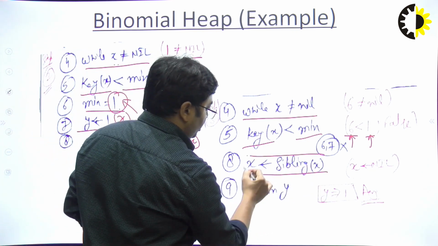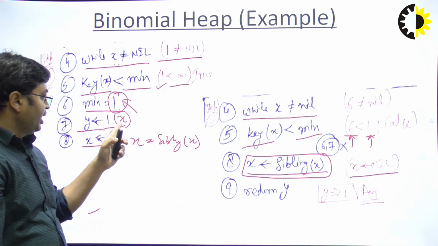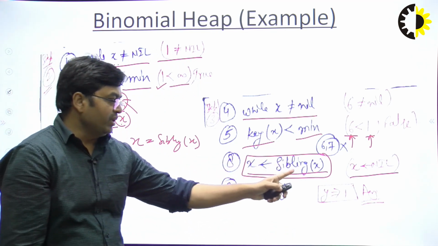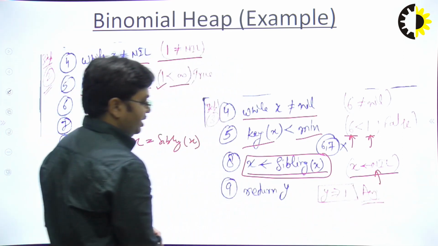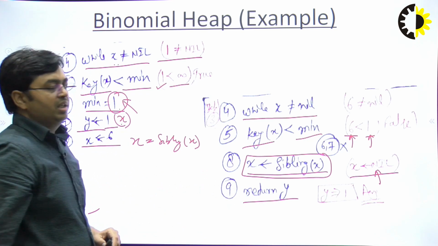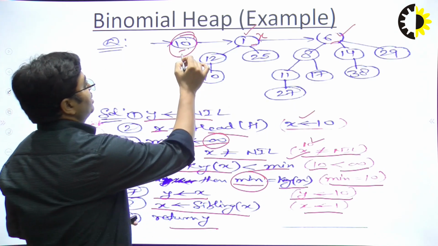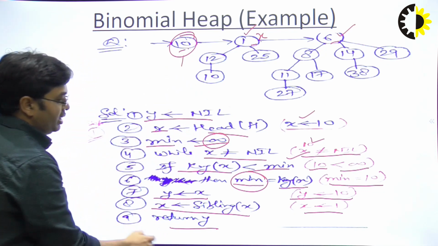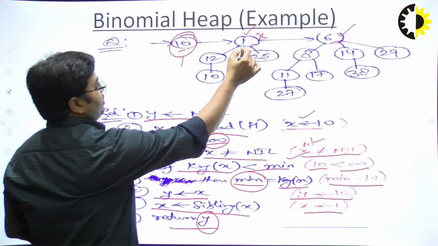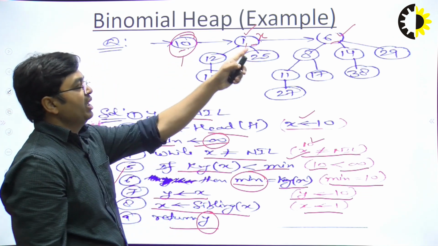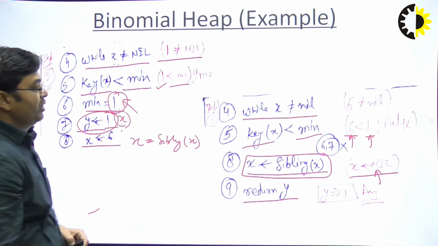So this is the next procedure where we have not put the value of x to y, we have put the sibling to x, means x is becoming nil and return y as the answer. Means we have compared 10 in this procedure, we got value y. After that we have compared 10 with 1, so we got the value y as 1.